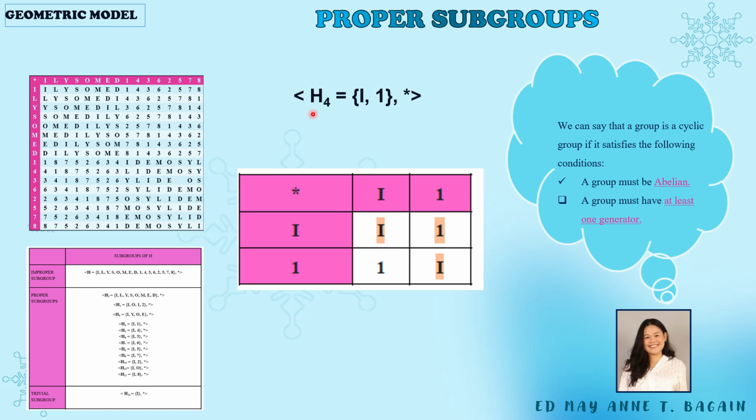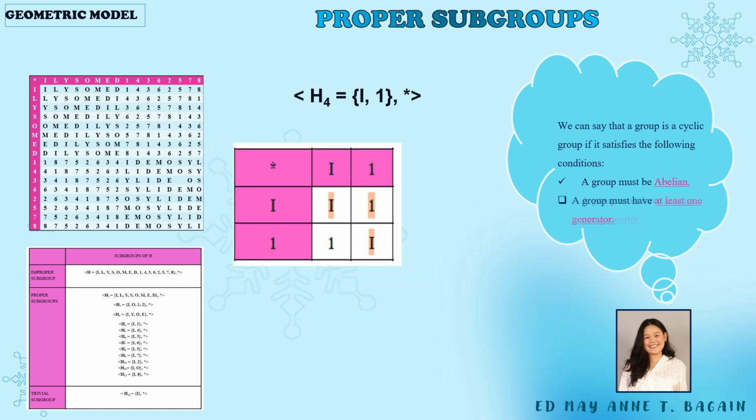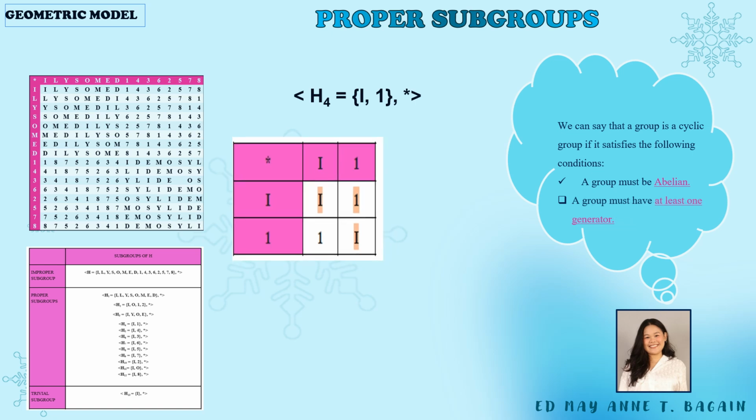The proper subgroup H sub 4 equal to I and 1 has one generator, which is 1, because this element generates all the elements in the set, which are the 1 and I. So yes, it's check. So we have 1 as the generator.